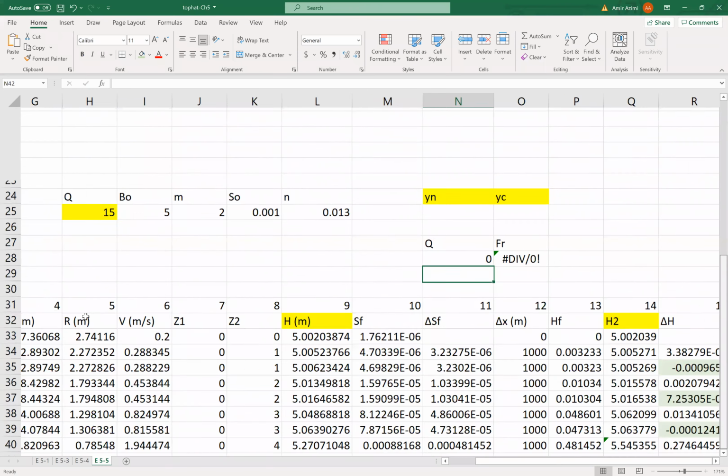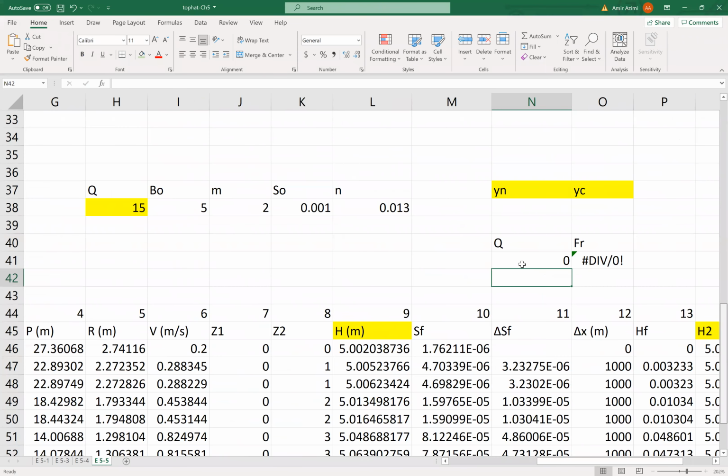In this example, first we start to define normal depth. The discharge is 15. I start with 1 for Yn, and it gives me a discharge of 17. So it's overestimated. I need to reduce the depth, maybe 0.9. So it's going to be between 0.9 and 1.